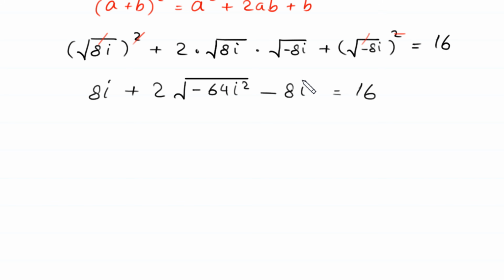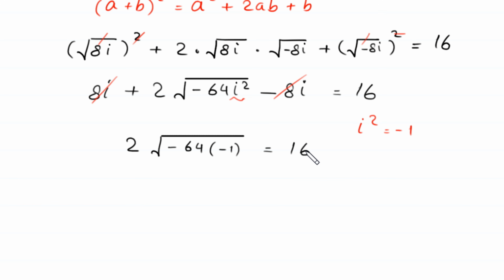Now this negative 8i will be cancelled out with this positive 8i, and here we are left with 2 times the square root of negative 64 times this i squared, which is equal to negative 1. So we replace this i squared with negative 1, is equal to 16.